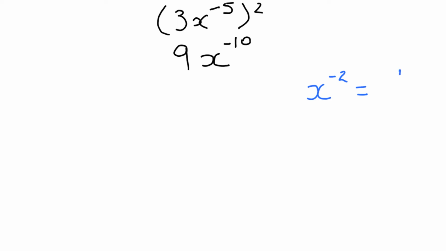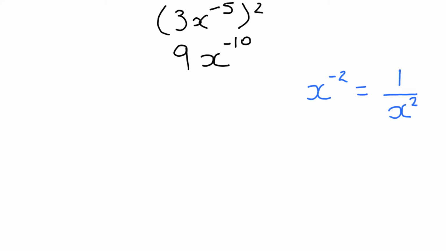So what I mean by that is we are going to make it 1 out of x to the power of +2. So to go from a negative exponent to a positive one, we just turn it into the reciprocal, or sometimes you'll hear me say inverse. So the same thing here.